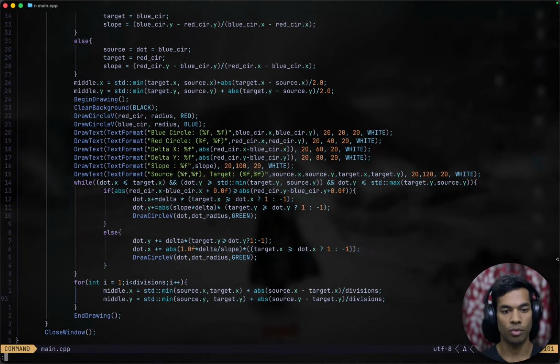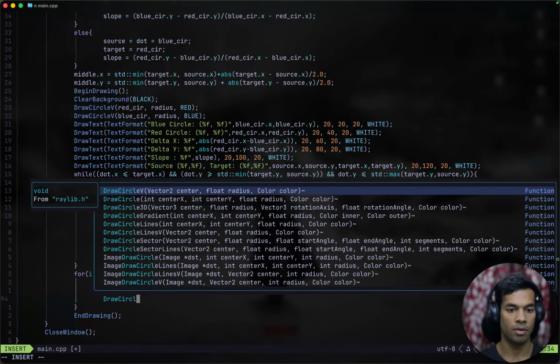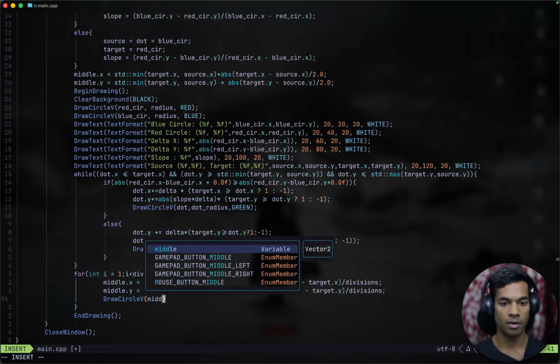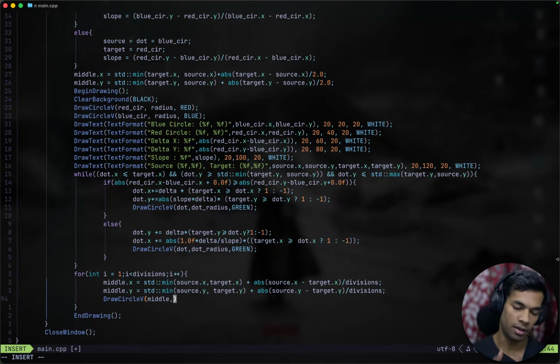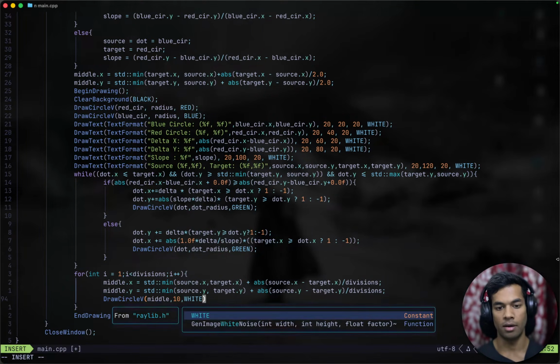And these are floats, so this checks out, and then we will draw a circle with a vector at this coordinate, and the radius would be, let's say, 10, and color white.